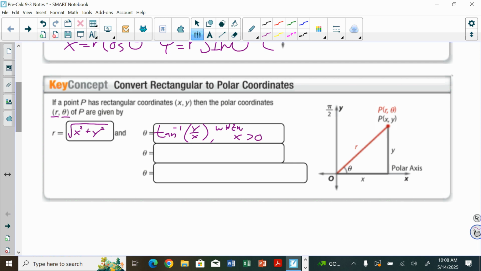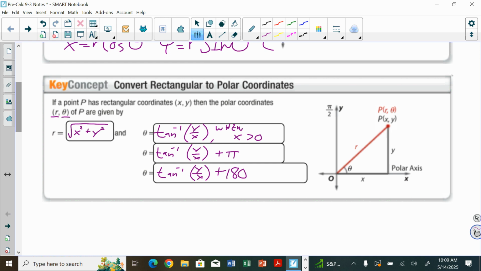These other ones are if x is less than 0. In this case, I'm still going to use inverse tangent of y over x, but then I would have to add pi. If we're talking radians, that would be pi.